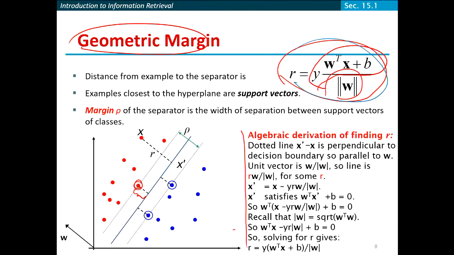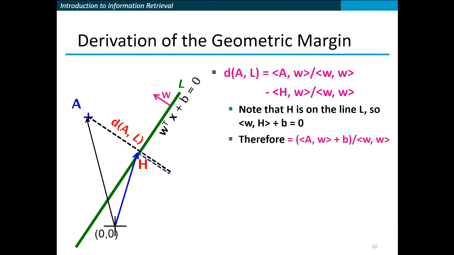exactly this one. Another way to write this, again, I provide some detailed derivation there, but essentially this is another way, essentially the same thing, but just doing some simple geometric derivation. You can find that this is the margin.